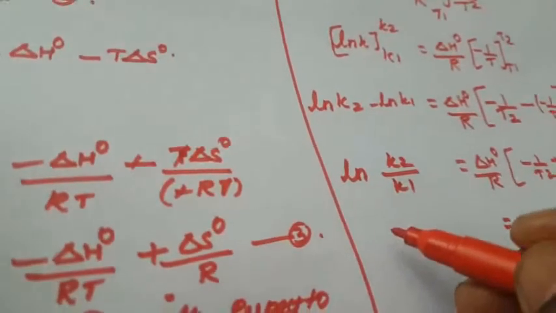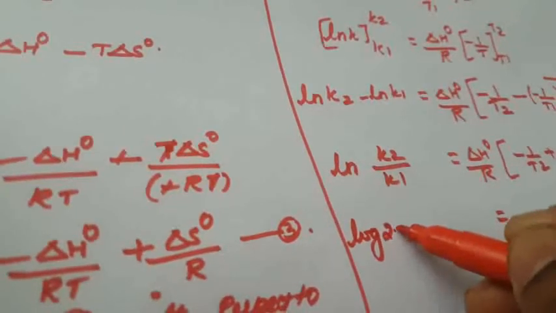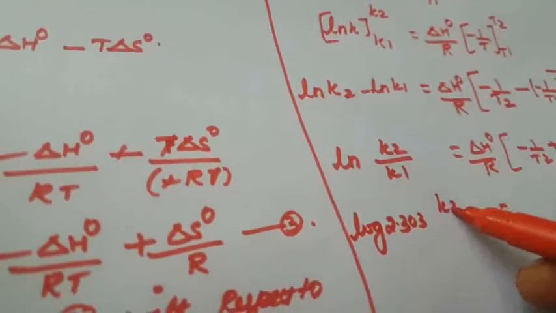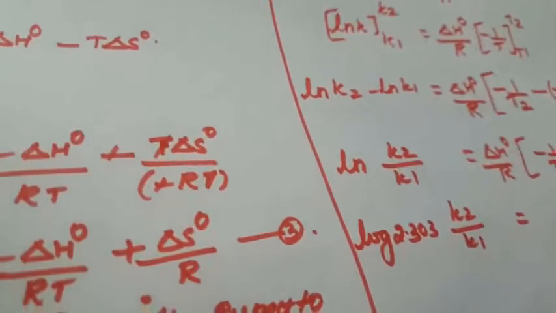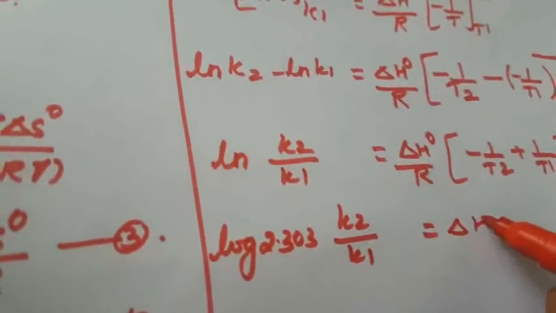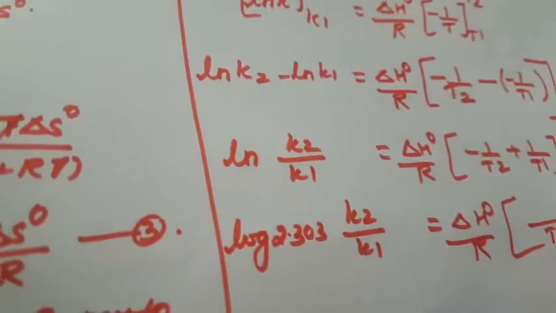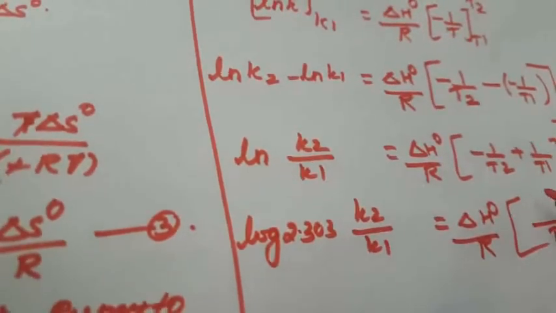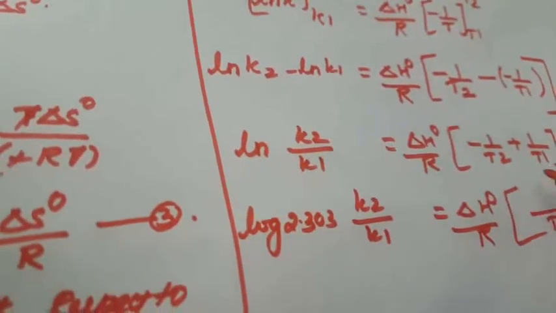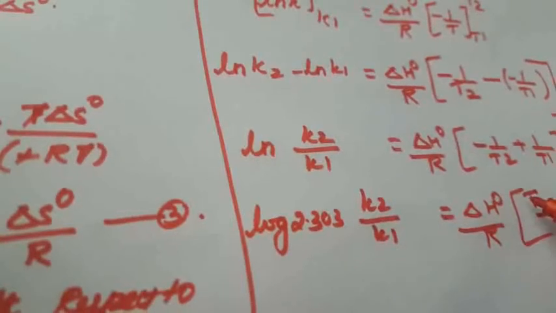Now we convert it into log, so log K2 by K1 with 2.303. Here delta H0 by R, and taking T1 T2 as the common denominator, we get T2 minus T1.